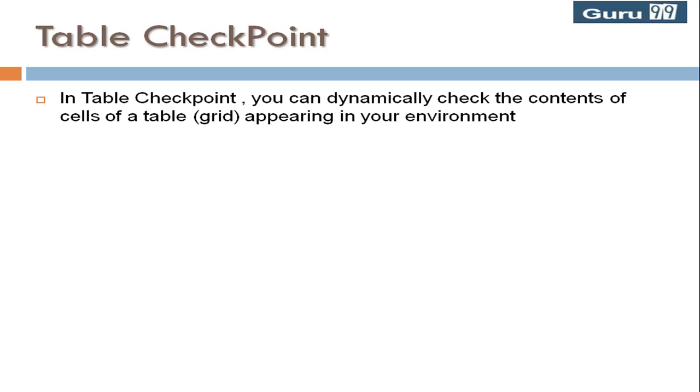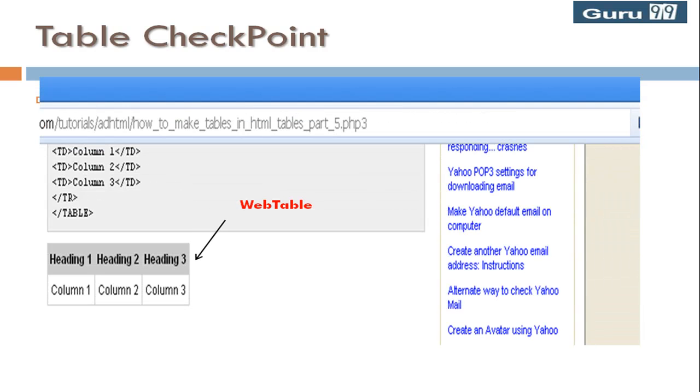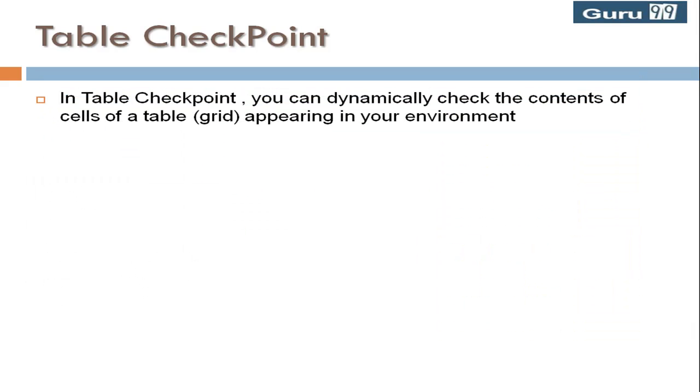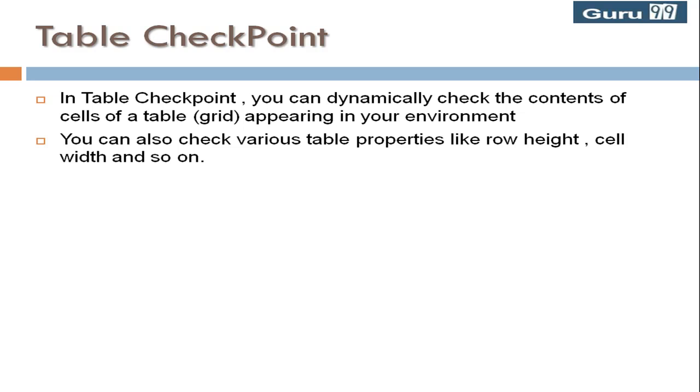Table checkpoints. In table checkpoints, you can dynamically check the contents of a cell of a table or grid appearing in your environment. For example, a table appearing in a web environment. You can also check various table properties like row height, cell width, and so on.